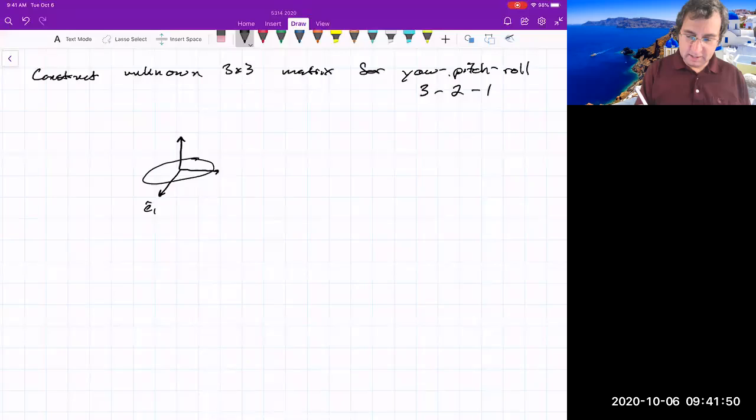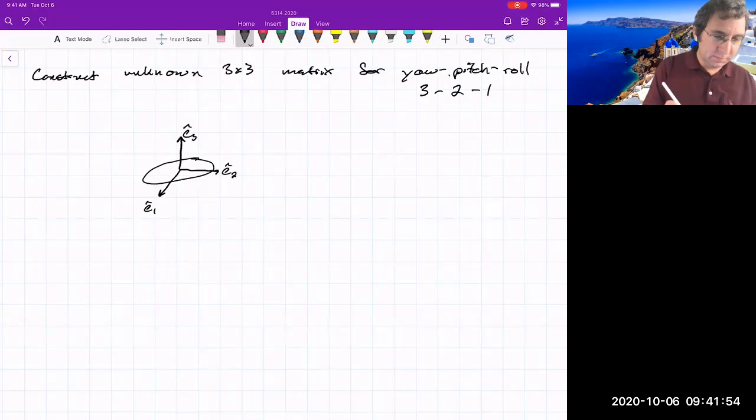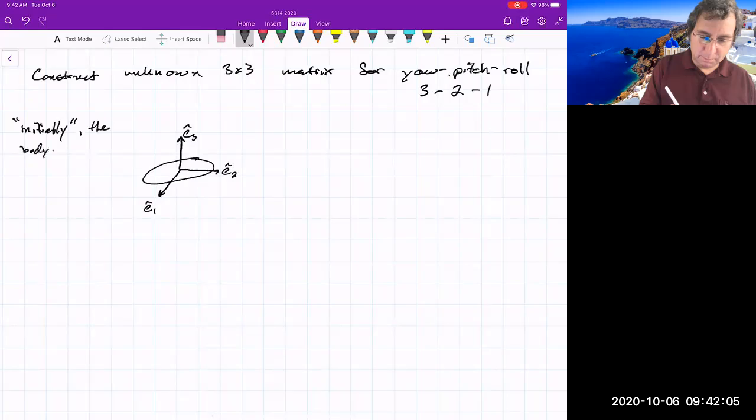This is E1, E2, E3, the inertial frame. I write initially because this is only conceptual, to write down the rotation. Initially, the body frame and the inertial frame, or I-frame, are aligned.